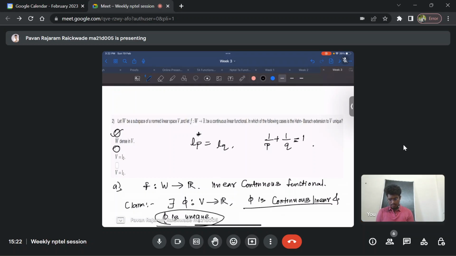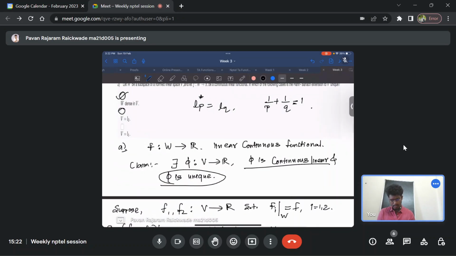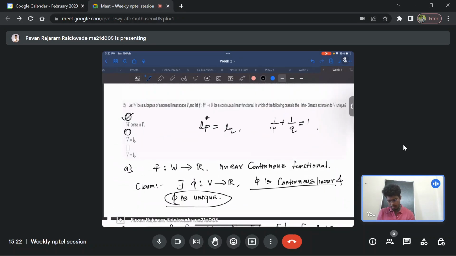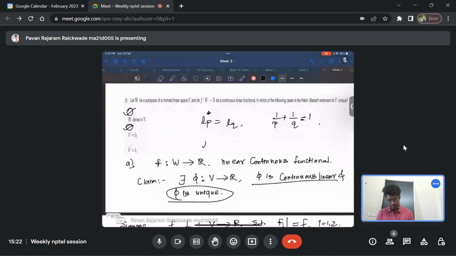So for L2, the dual is also L2, and we have just seen that L2 is strictly convex. In fact, any Hilbert space is strictly convex. So by the current theorem, the extension will be unique. And for L1, what will be the L1 star? It is actually L infinity.